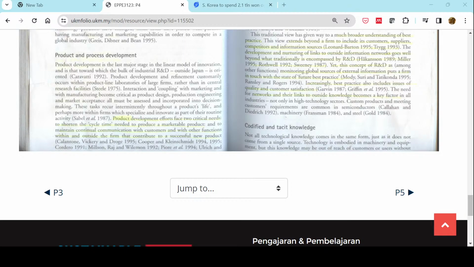Firm specific advantage. And that knowledge is usually tacit. So we have two types of knowledge, codified and tacit. We need the second one, tacit knowledge.